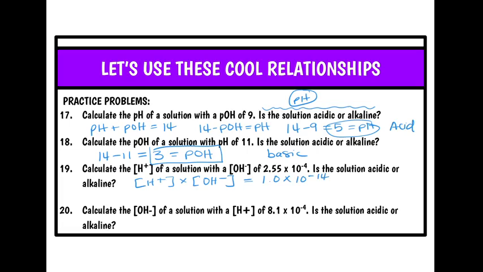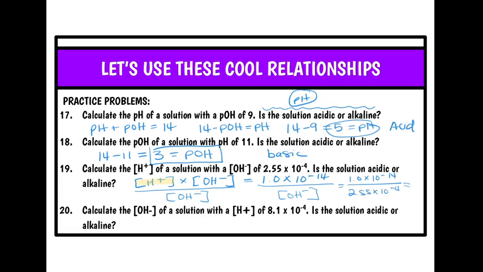We are trying to solve for our hydrogen ion concentration. Well, what we can do is divide both sides by our hydroxide ion concentration. Remember, I like to rearrange my equations first before I plug in numbers. It always seems to make more sense. So in this case, we're going to go 1.0 times 10 to the negative 14th, and divide it by the concentration they gave us of 2.55 times 10 to the negative 4th.